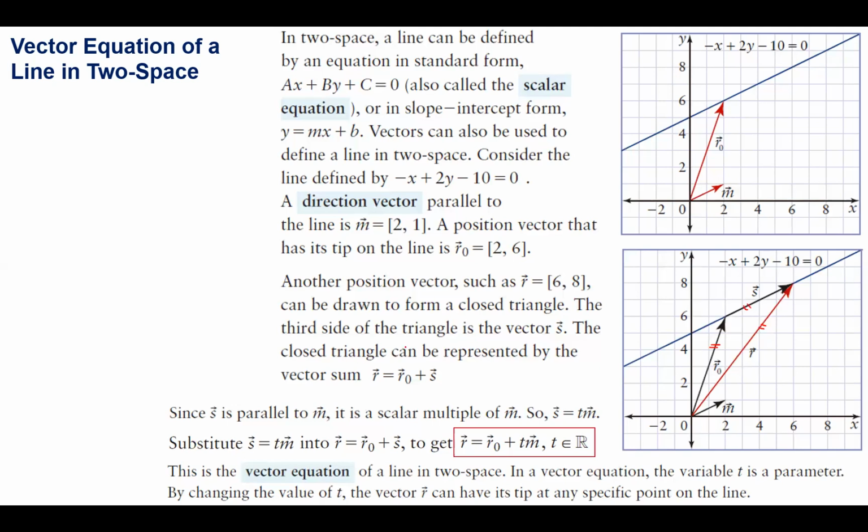The closed triangle can be represented by the vector sum. Note that we have learned the triangle rules, right? Vector r equals r naught, which is here, plus s.